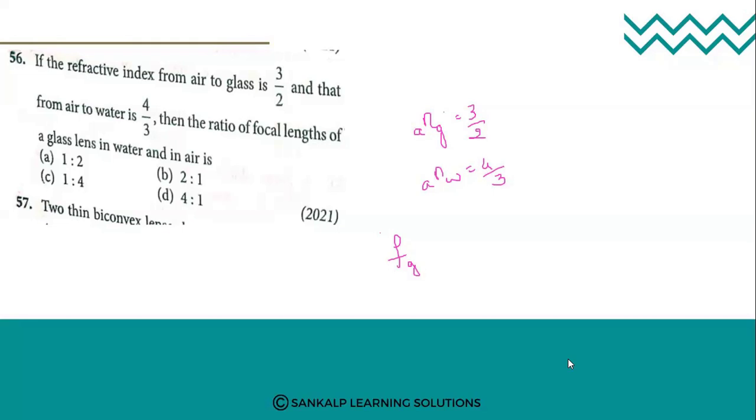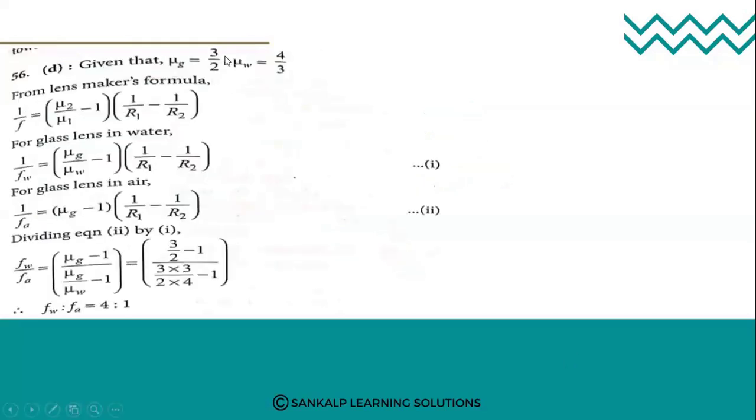See how to simplify this one. As we know, according to the lens maker's formula, we can substitute. 1/f is equal to the relative refractive index, mu2 upon mu1, minus 1, into the radius of curvature term. The value of the refractive index is given.